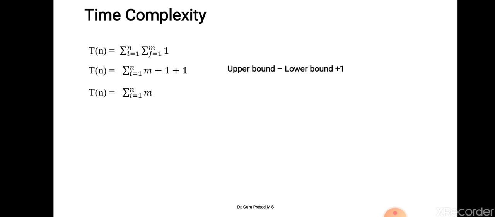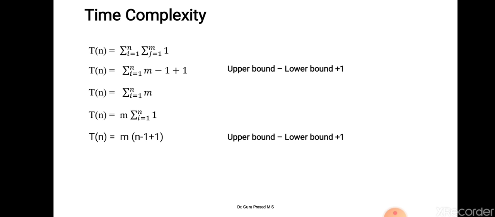Next, take the m outside. We got summation of i equal to 1 to n of 1. Apply upper bound minus lower bound plus 1, that is n minus 1 plus 1, the minus 1 and plus 1 get cancelled, the remaining term is m into n. The time complexity of the dynamic knapsack problem is theta of m into n.